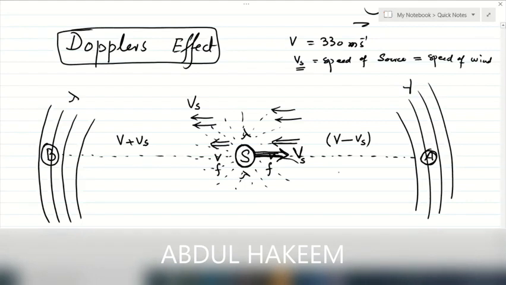So here the resultant speed decreases and here the resultant speed increases. When the source travels towards the observer, resultant speed decreases. When the source moves away from the observer, the resultant speed increases.